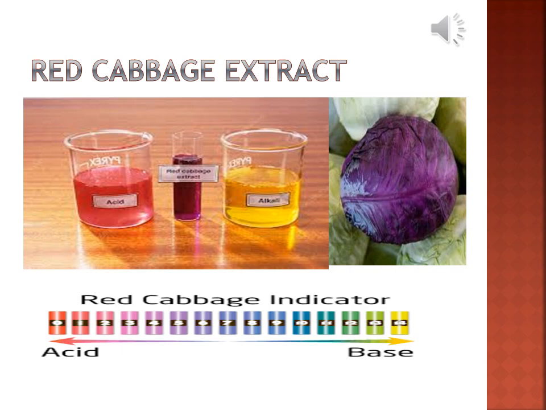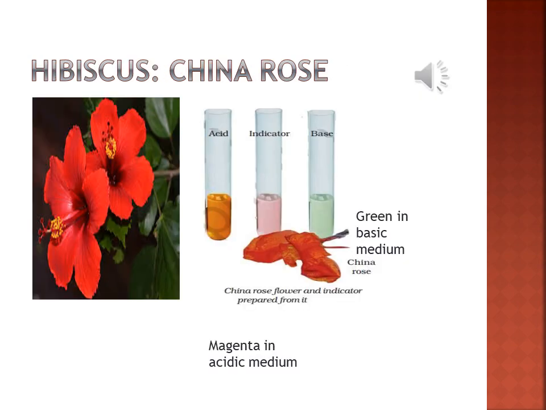And if the sample is basic in nature, we usually get the green and the yellow color. Hibiscus is the most commonly used flower in our laboratories, and with this we make an indicator also which turns green in basic medium and gives magenta pink in acidic medium.